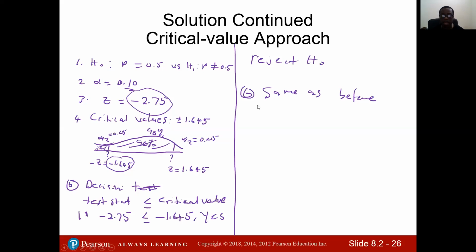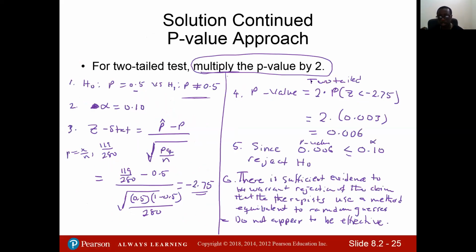So let's go back here. This calculation here is supposed to be negative 2.51. If you look up negative 2.51 in the table, let's see what we got.